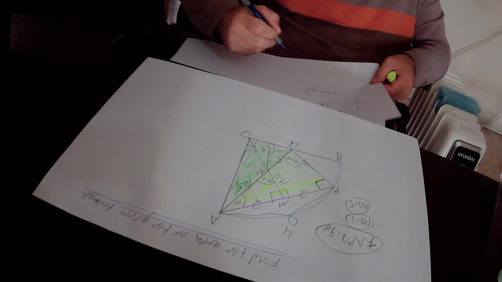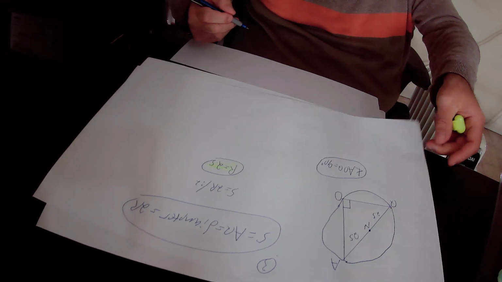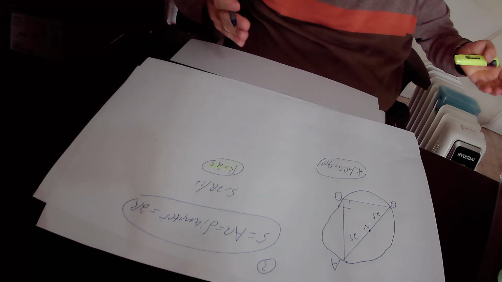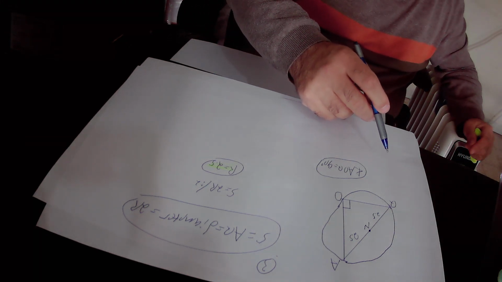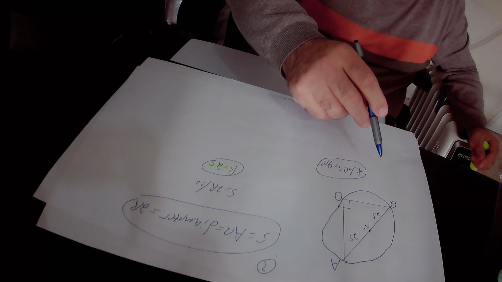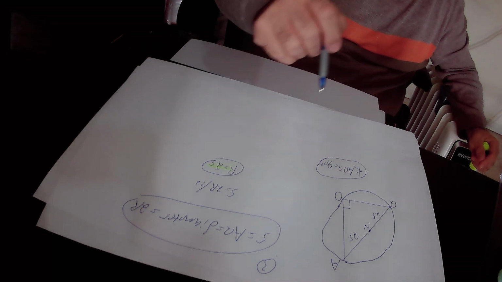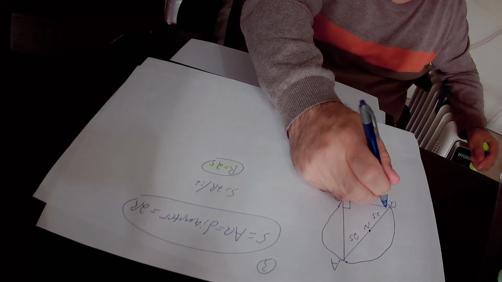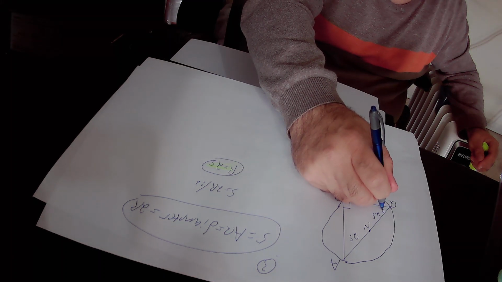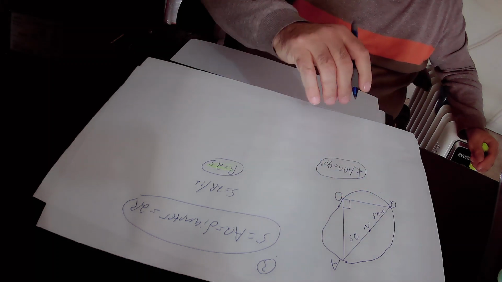But we just found out that the radius of the circle also equals 2.5. Therefore, QN, that is located on the diameter of the circle, must be the radius of the circle, equal to 2.5.